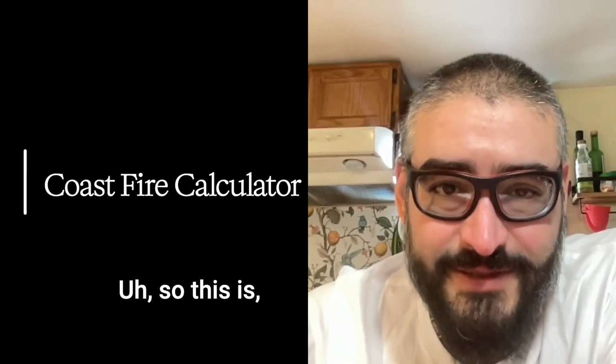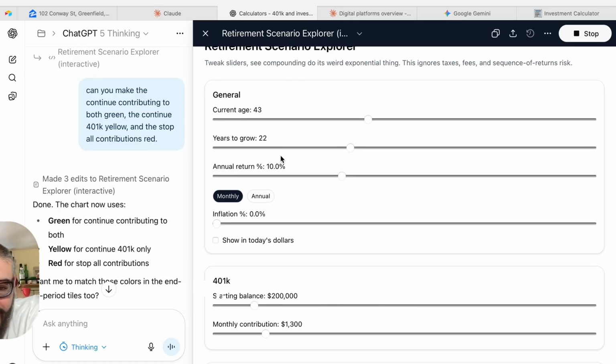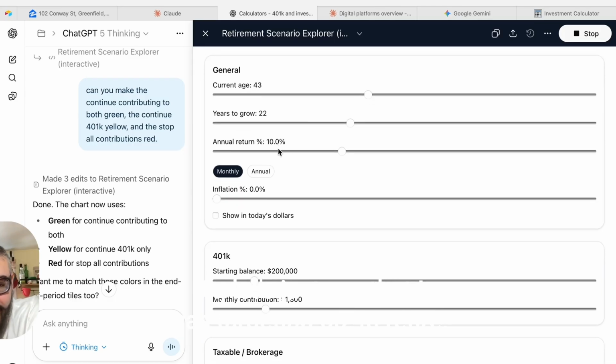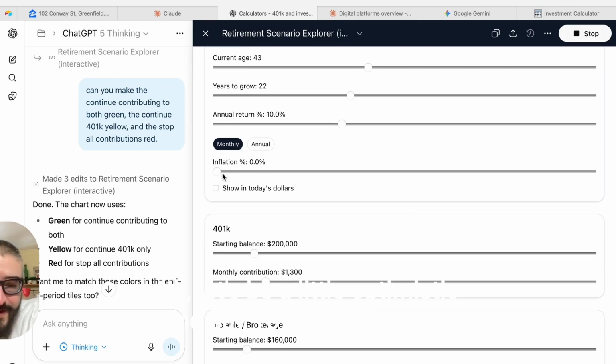So I had recently learned about this term called coast FIRE, which is the idea of figuring out how much you need to have saved up in your retirement in order to basically not need to contribute any more money. So currently I am 43. Let's just say that I was targeting 65 to retire. Let's be a little optimistic and say 10% annual return.